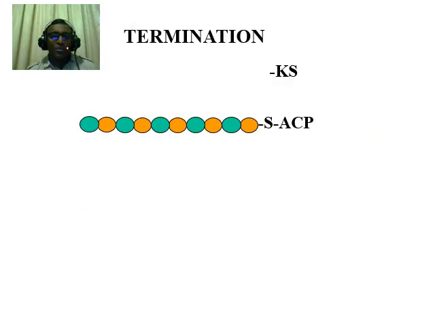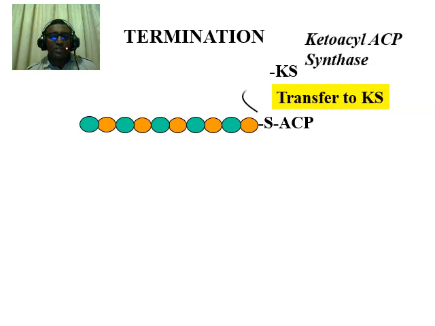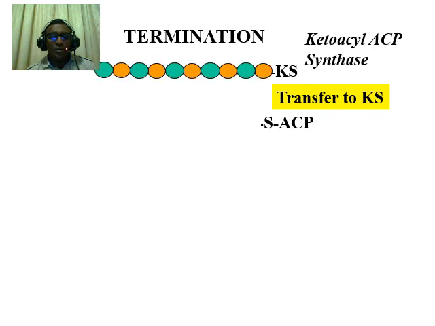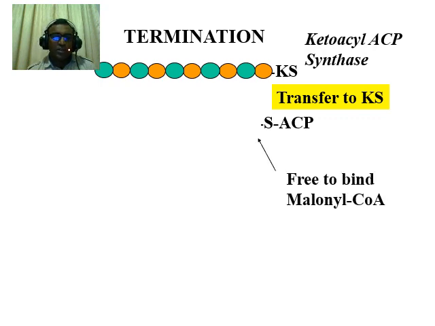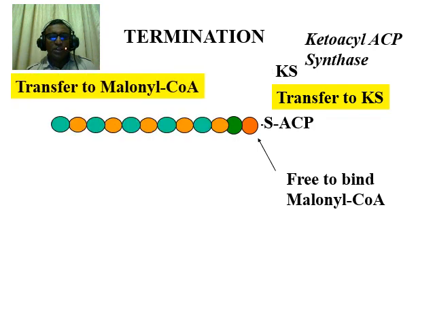That will be done as shown here, where assuming the 14 carbon is now formed at the ACP, and then to form the 16 carbon, it will transfer to the condensing enzyme, and then the malonyl CoA will come, just like the way it's done for the extension, and the 16 carbon will be attached to the ACP.